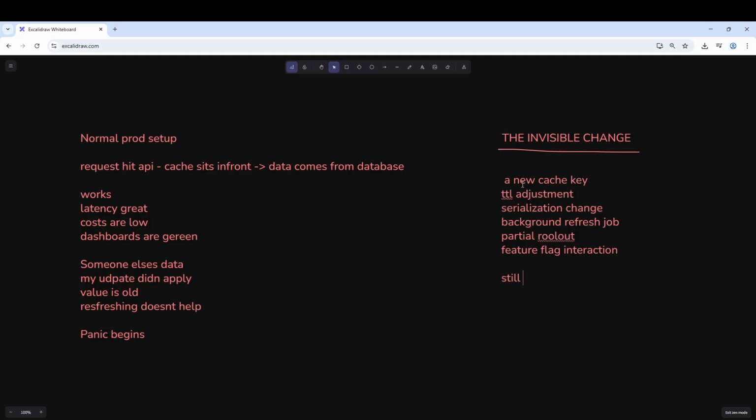Everything still works. Cache still hits. Database load is low. Latency is perfect. And yet, wrong data is spreading fast.